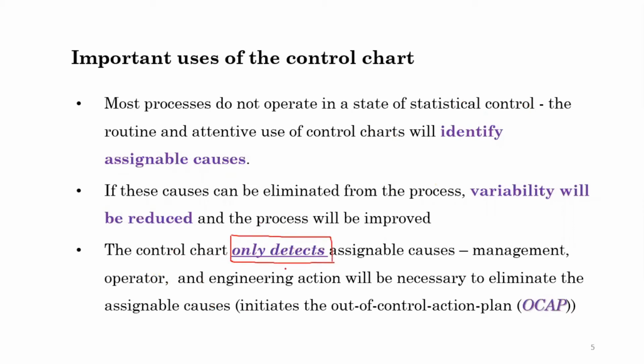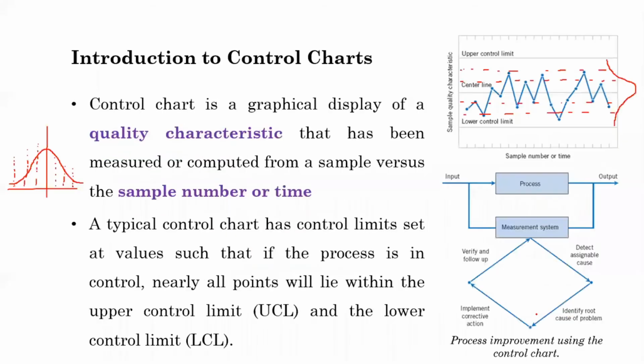Okay, when you find an assignable variation, then it is telling you that you need to initiate an out of control action plan for your process. The out of control action plan would be something like this. When you measure and analyze, the control chart would be used here.